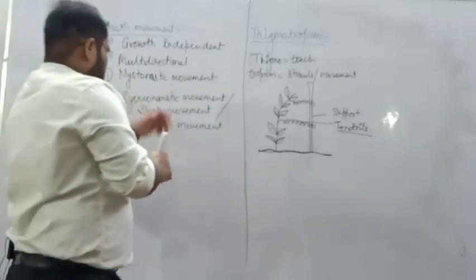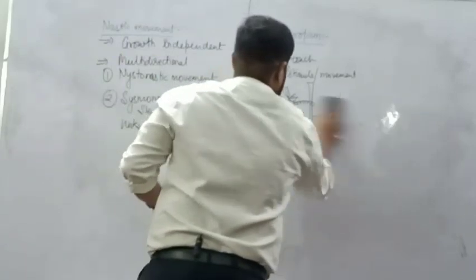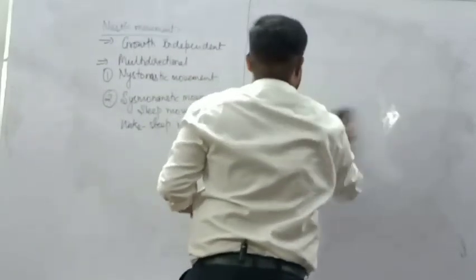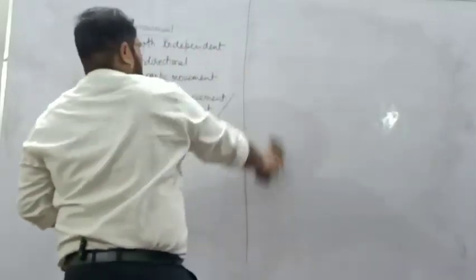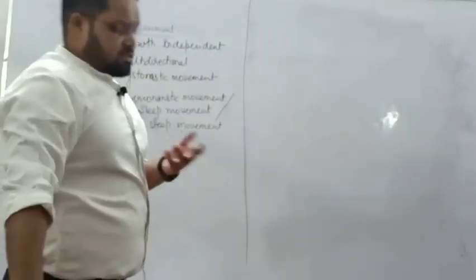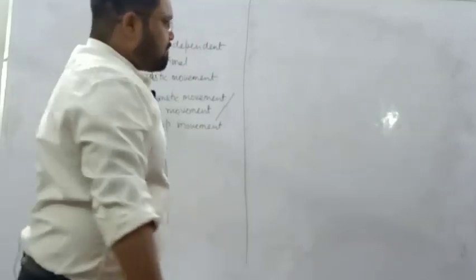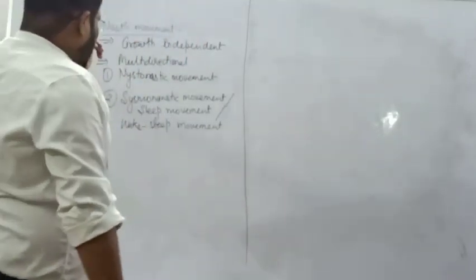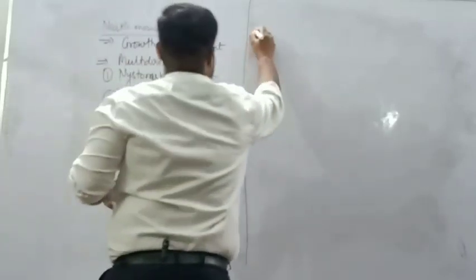Now the first one is nastonastic movement. The best example is Mimosa pudica. Mimosa pudica is the botanical name of the touch me not plant.